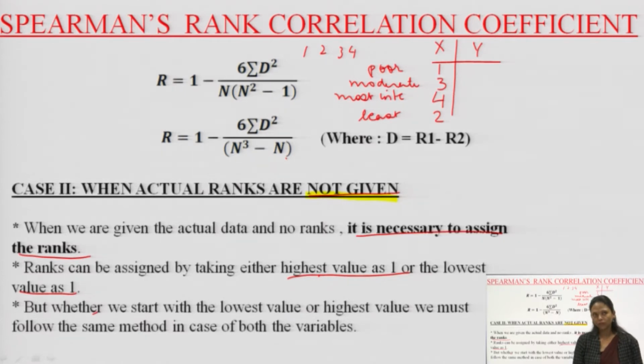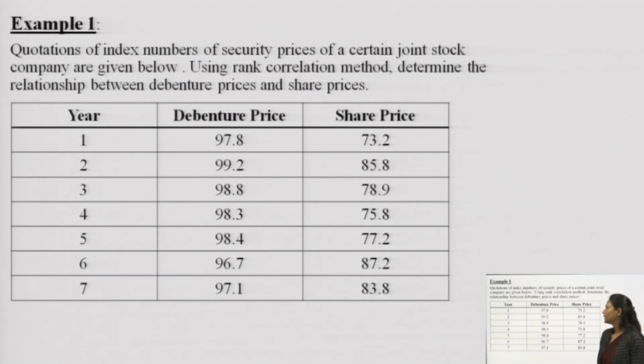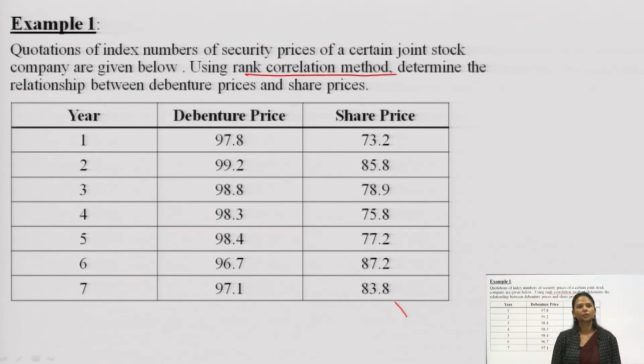For example, we have a question here in which the index number of security prices of a certain joint stock company is given to you. Using the rank correlation method, we are supposed to find out the relationship between the debenture price and the share price.